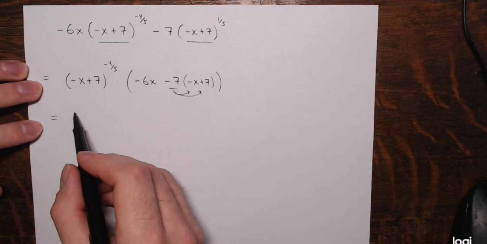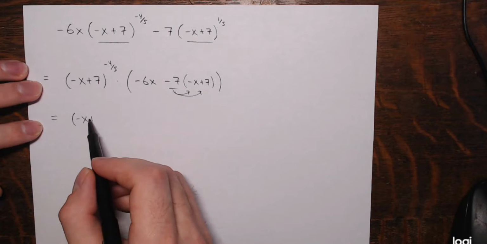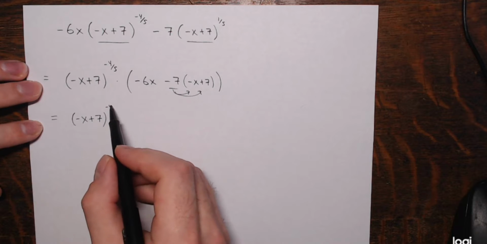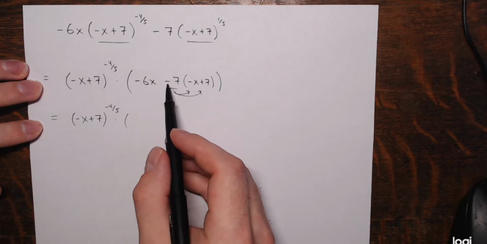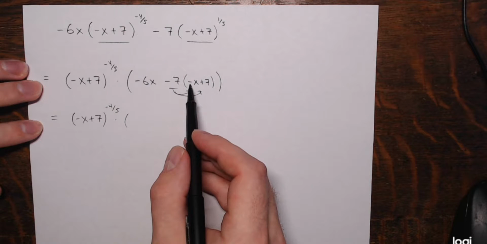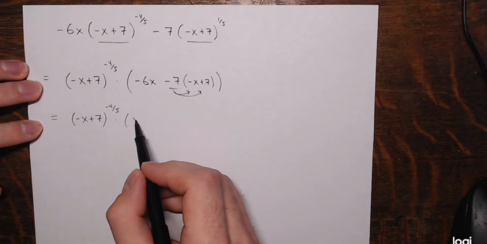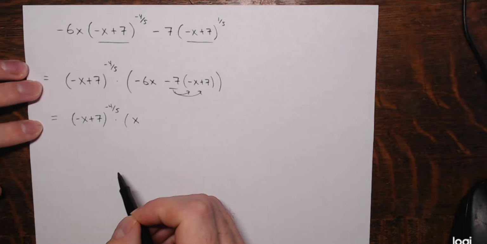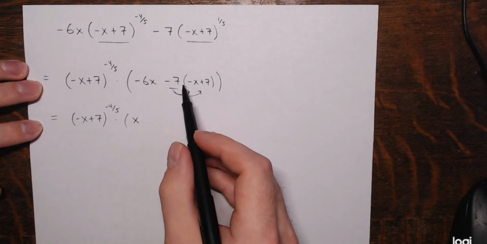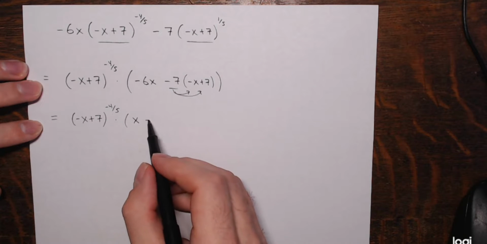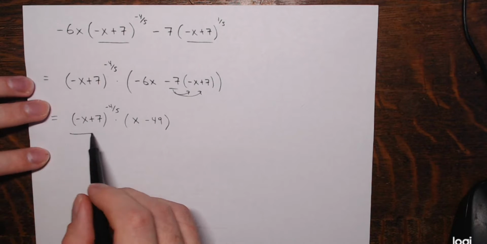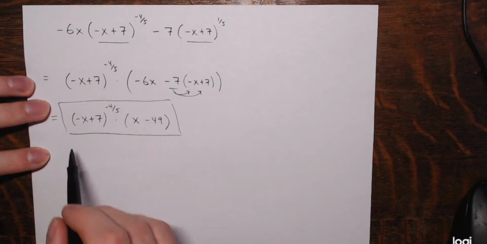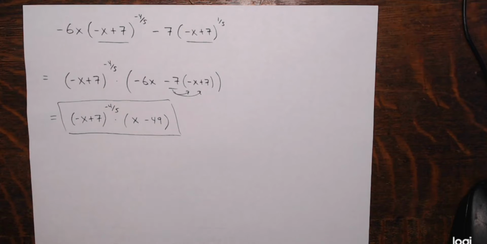So we have the GCF, negative x plus 7 to the negative 4/5 times, and then negative 6x plus 7x after distributing would be 1x. And then negative 7 times positive 7 would be negative 49. And that's how simplified the second factor gets. And there you go. There's our original expression factored, rewritten as a product.